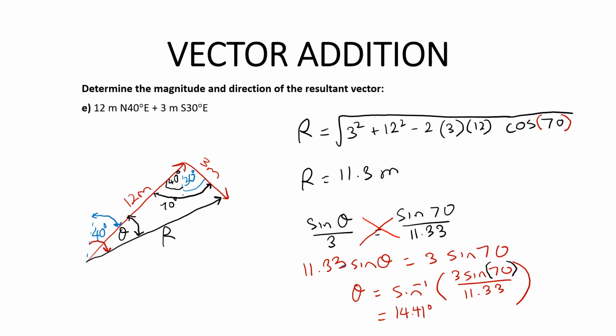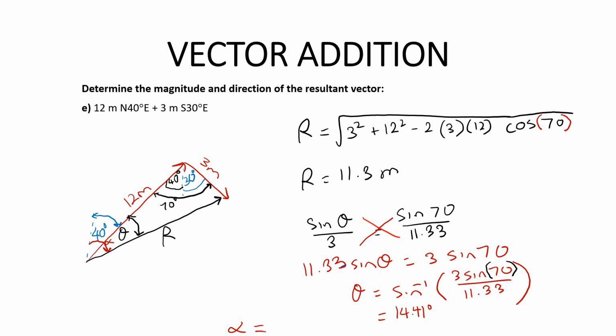I will call this angle alpha. We need to know what alpha is, which is from north to the resultant. The value of alpha equals 40 degrees plus theta, which is 14.41 degrees.